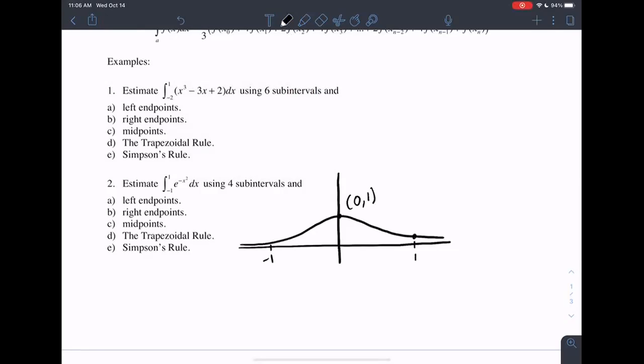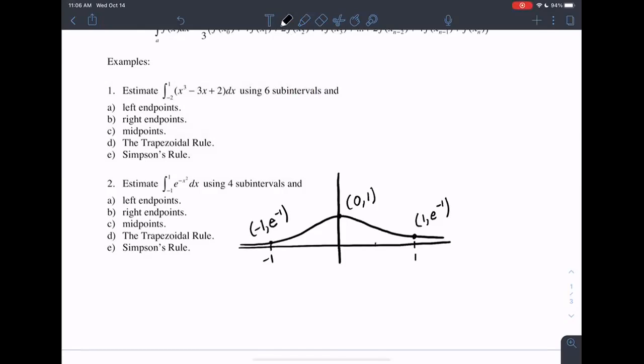So when x is 1, the y value is e to the -1 squared, or e to the -1 power. Notice that when you square -1, you get the same thing as when you square +1. So this is also e to the -1 power at x equals -1.